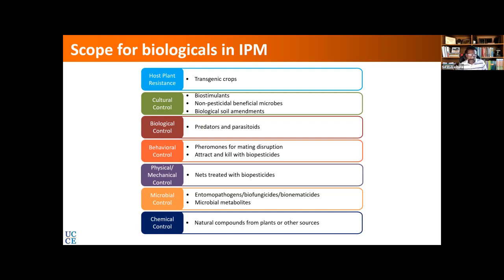And then chemical control, these are like chemical molecules obtained from plants or microorganisms. So we see biologicals everywhere.